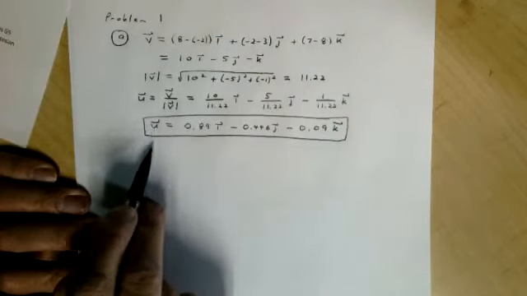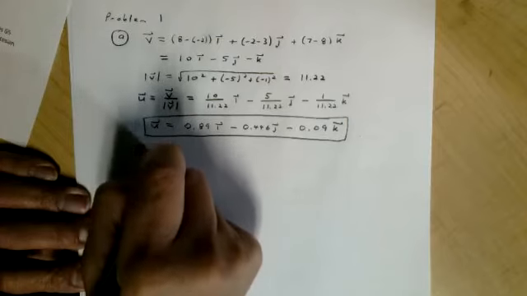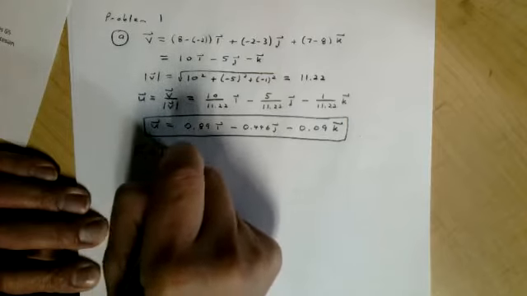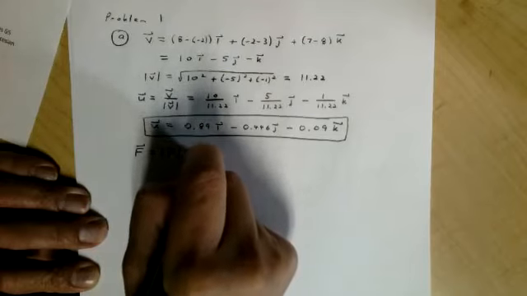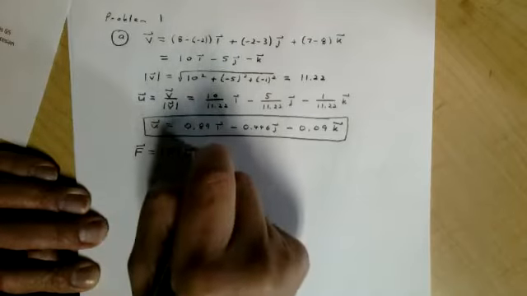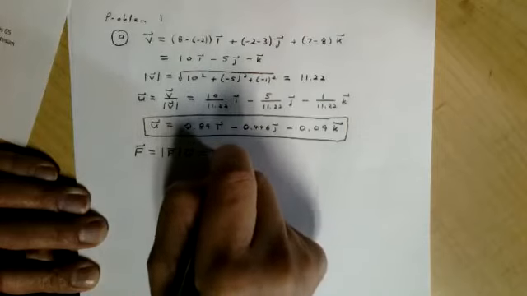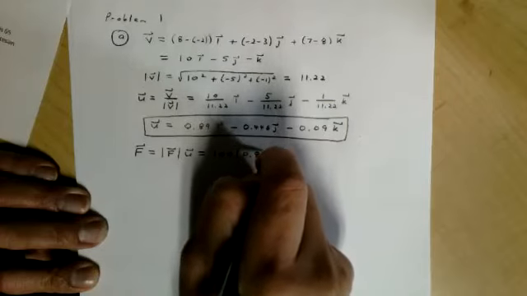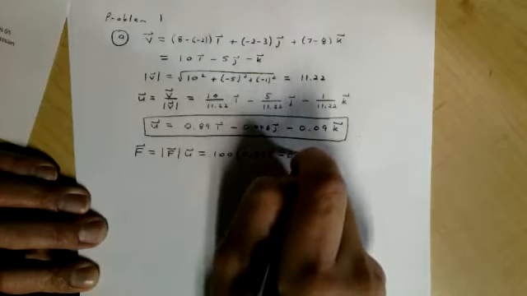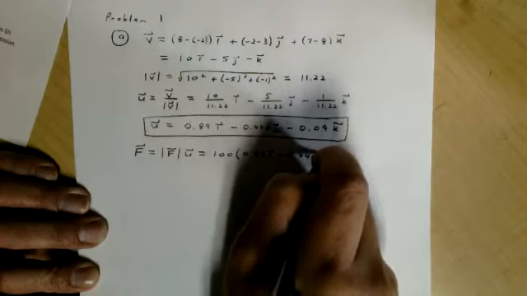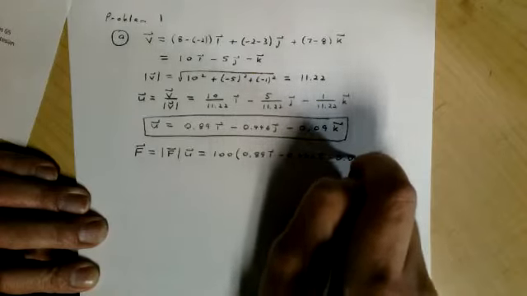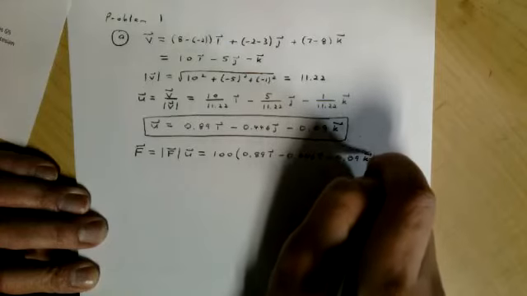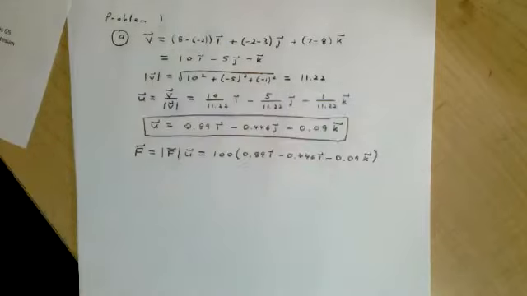Then the second part asks us for the force vector. Remember, the force vector is just going to be the magnitude times the unit vector that passes through the points. We know that the magnitude is given as 100 pounds, so just multiply that times the unit vector.